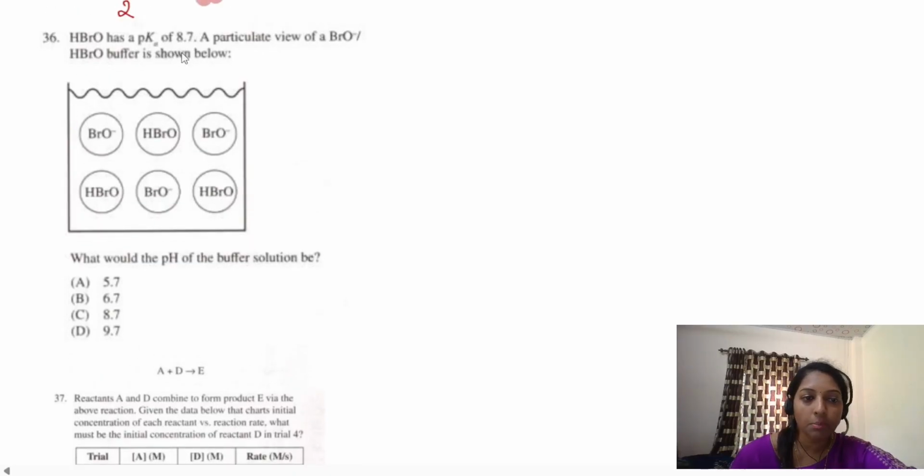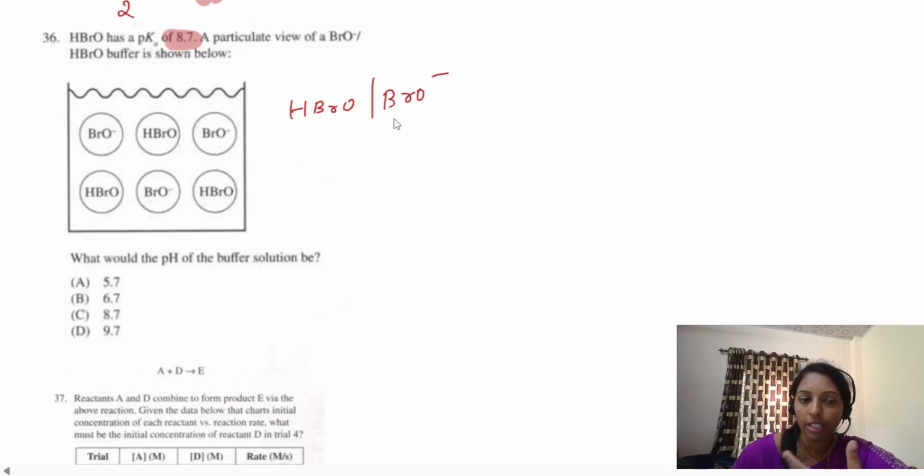The next one. HBrO has a pKa of 8.7. A particular view of BrO minus and HBrO buffer is shown below. What would be the pH of the buffer solution? So this is the diagram. It's a buffer. Buffer means acid will be there, HBrO, and the conjugate base BrO minus is there.